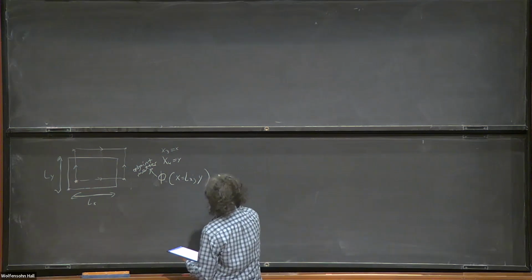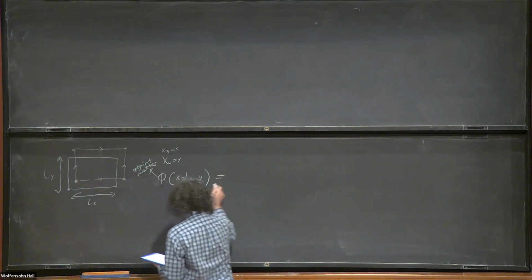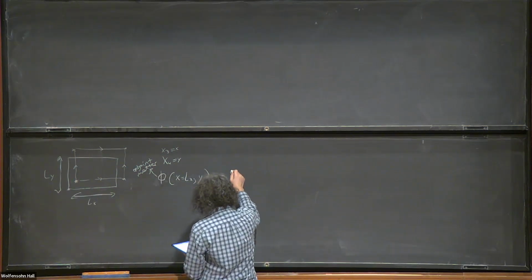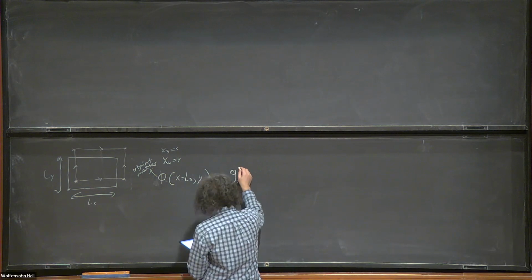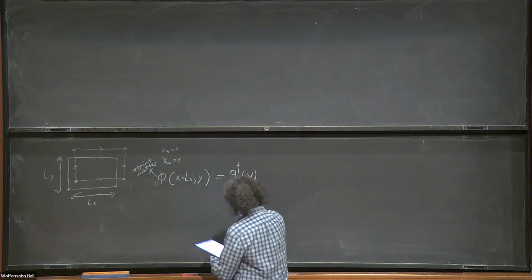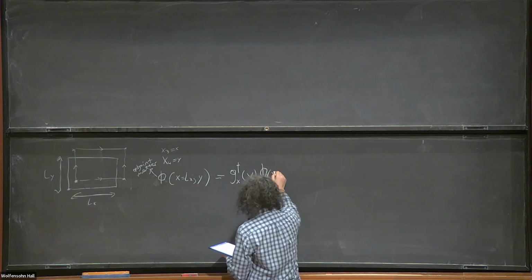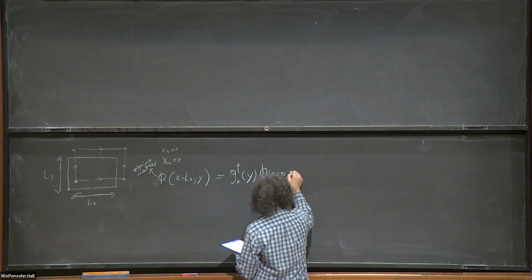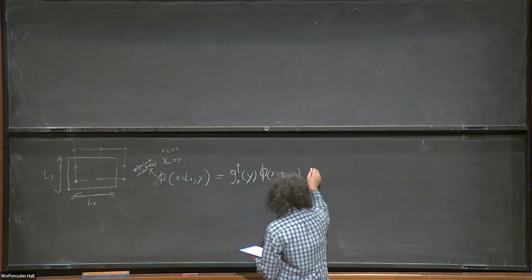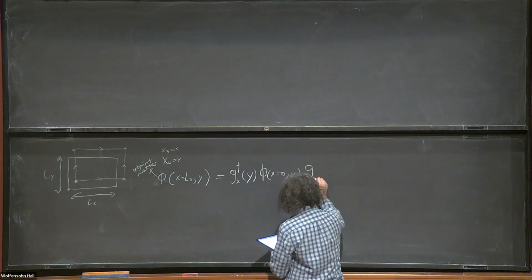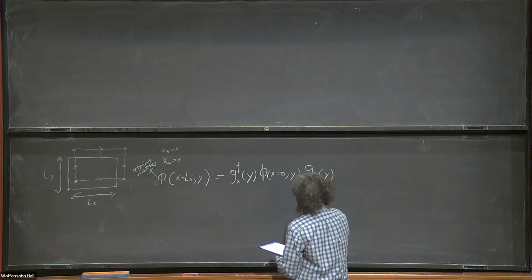So this will be equal, I need to use a transition function, Gx, the transition function, dagger y, phi, x equals 0, y, gx, y.